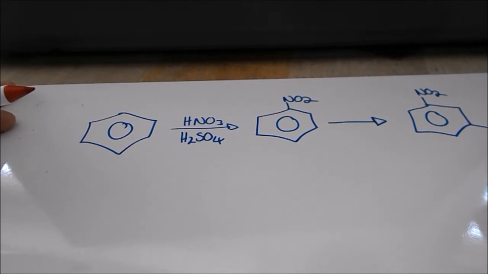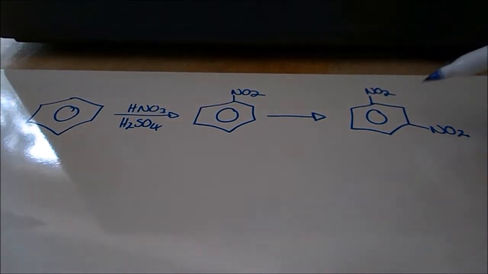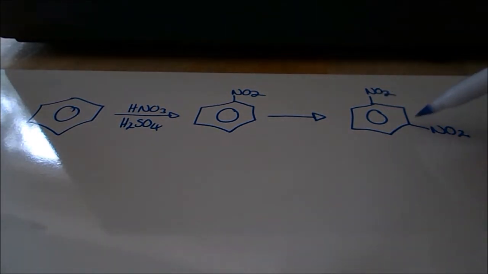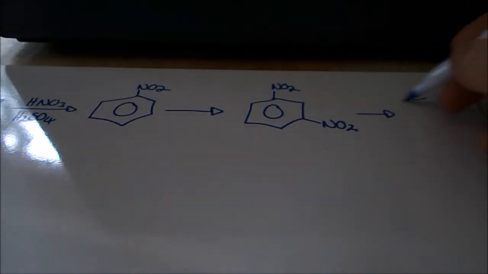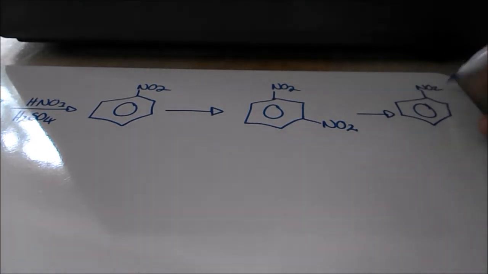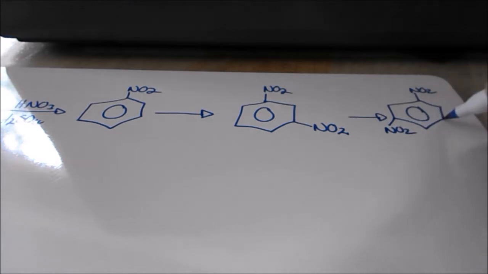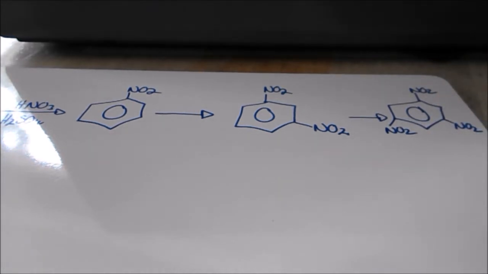So that's carbon 1, 2, 3, so it adds in the 3 position. You can also have further nitration, because if you think from that NO2 group that we had in the first place, this carbon is also carbon number 3. So we can have 3 nitro groups on there.